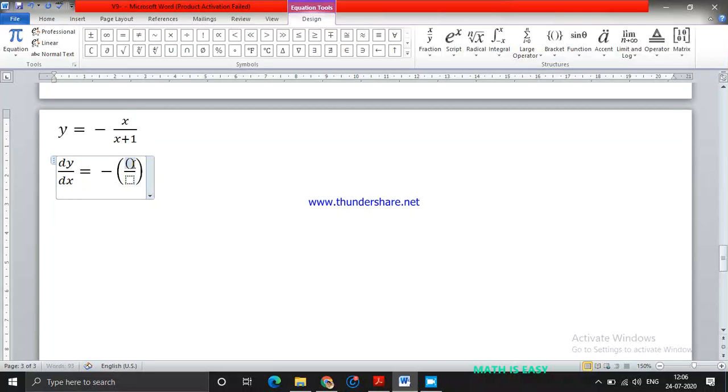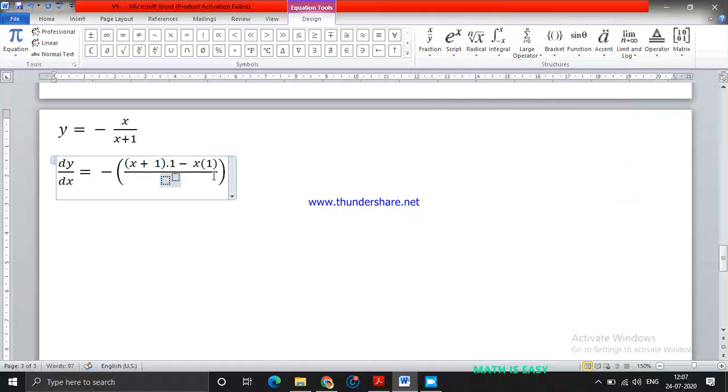So v means you have x plus 1, v derivative of u minus u derivative of v. Derivative of x plus 1 is 1 only, upon v square.